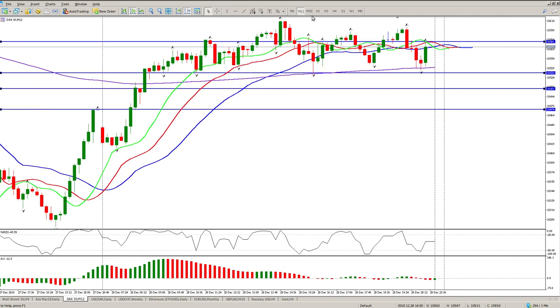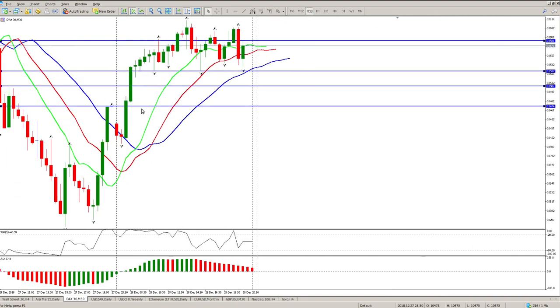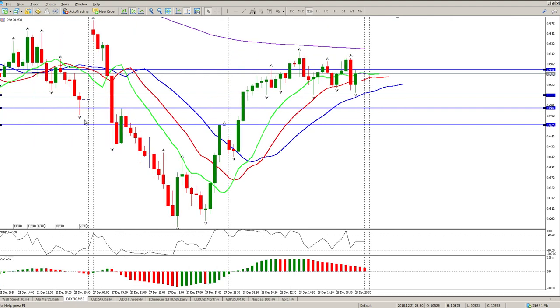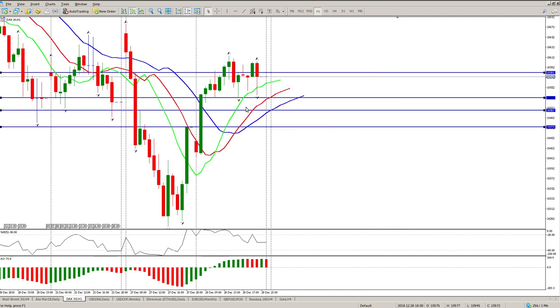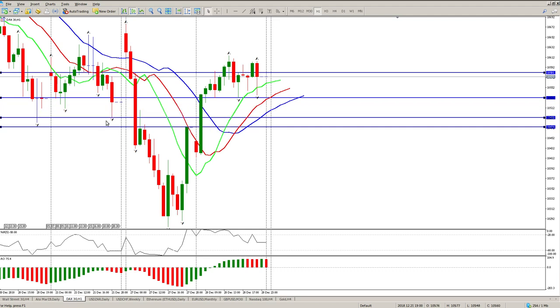At this stage, I don't think we've got downside targets, but I would definitely pay attention to these levels. Let's just get to the hour. I definitely pay attention to, call it, 10,500, and I'd also pay quite a bit of attention to 10,474.